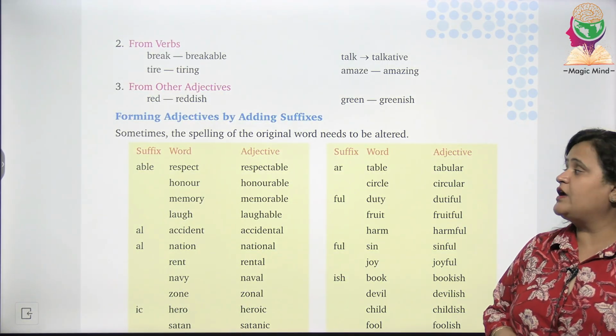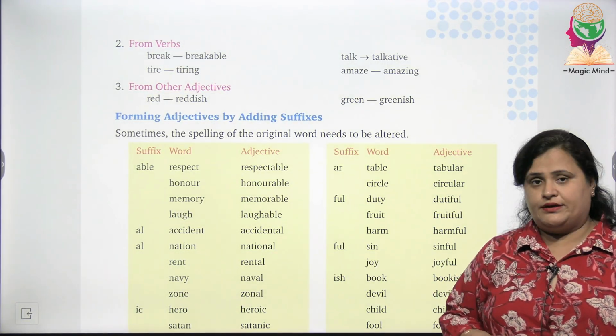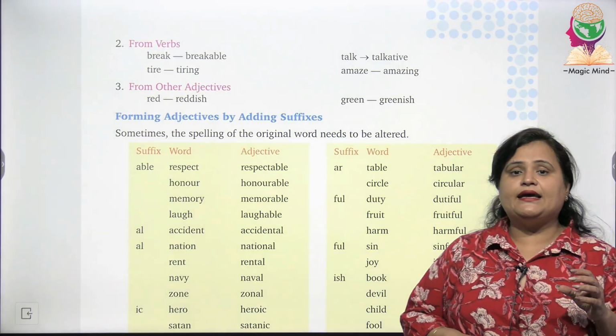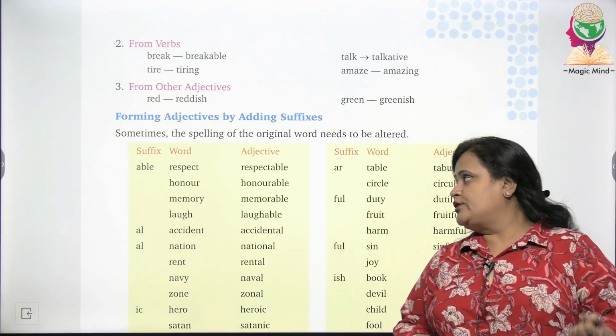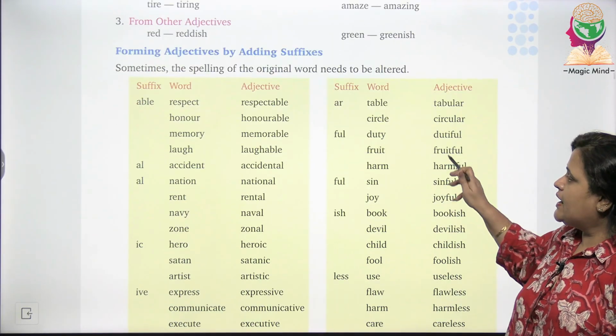Sometimes the spelling of the original word needs to be altered. जब हम उसमें suffix ऐड करते हैं तो ये स्पेलिंग्स कुछ ऑल्टर हो जाती हैं, जो कि आपको यहाँ दिखेगा.